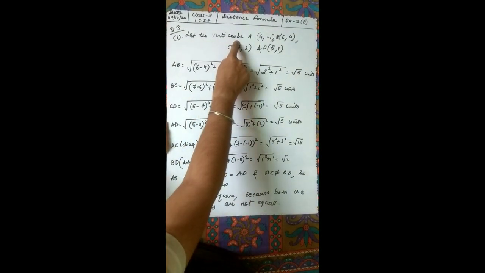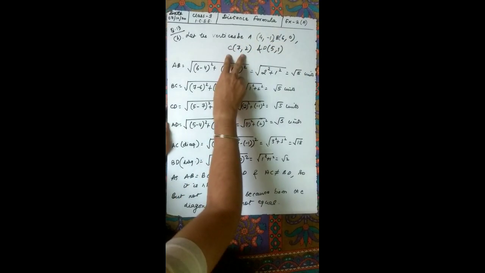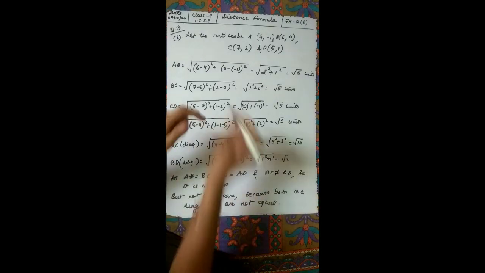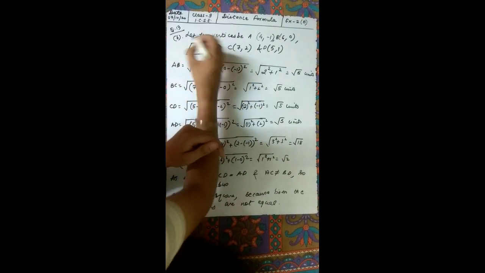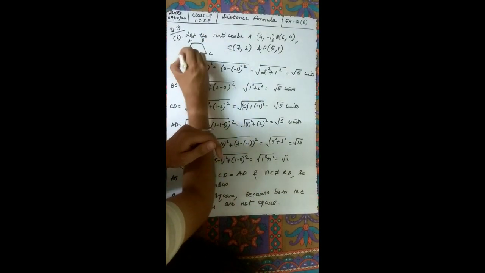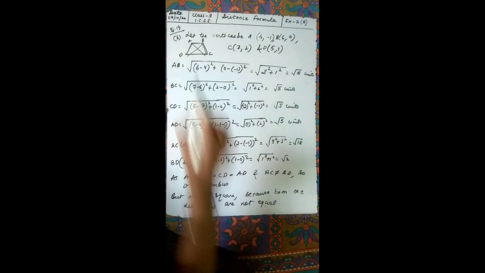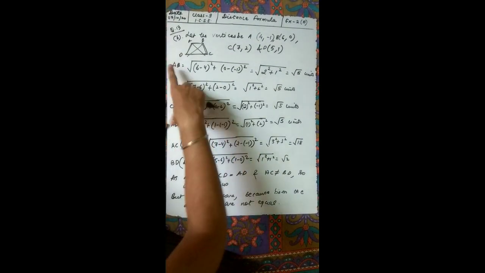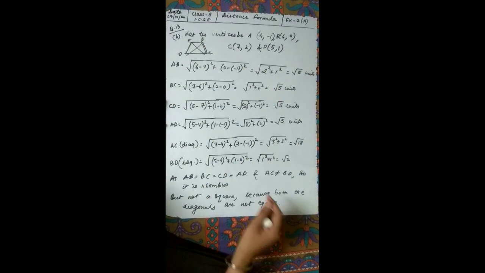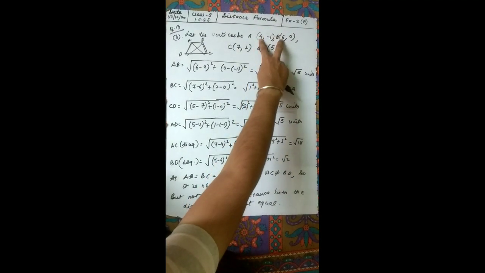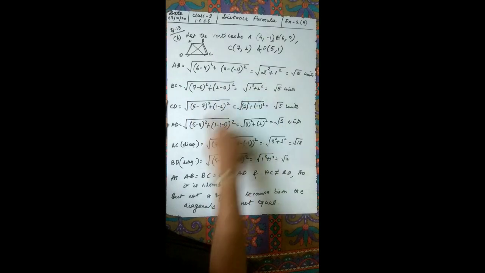Let us consider the vertices A, B, C, and D, and the structure like this. Let us find AB, BC, CD, and AD, and then we will separately find AC and BD. These 4 I have found using the distance formula, square root of (x2 minus x1) the whole square plus (y2 minus y1) the whole square.